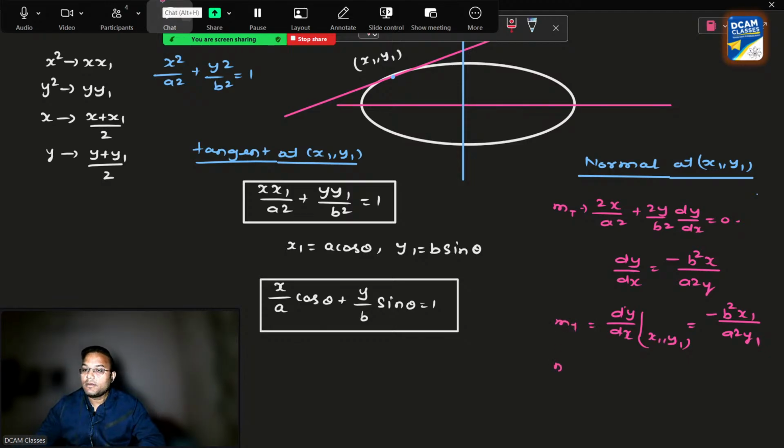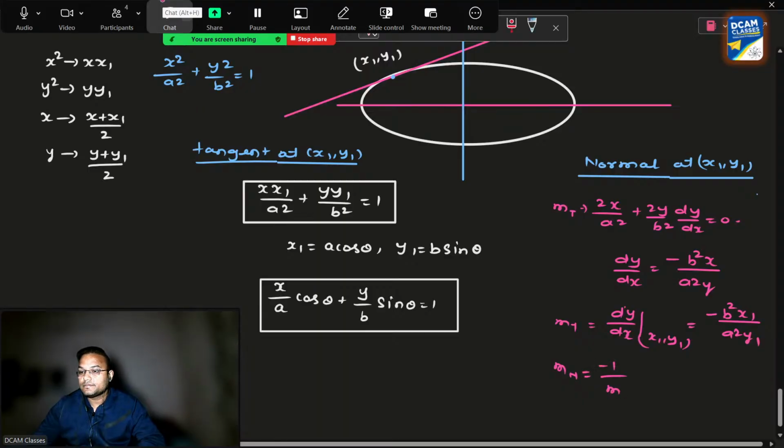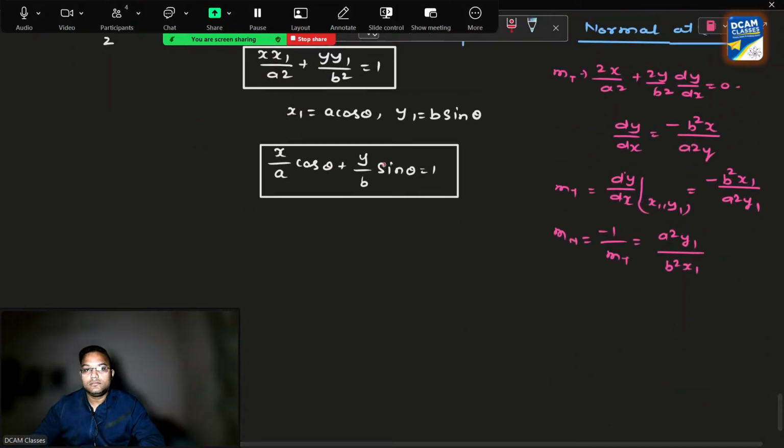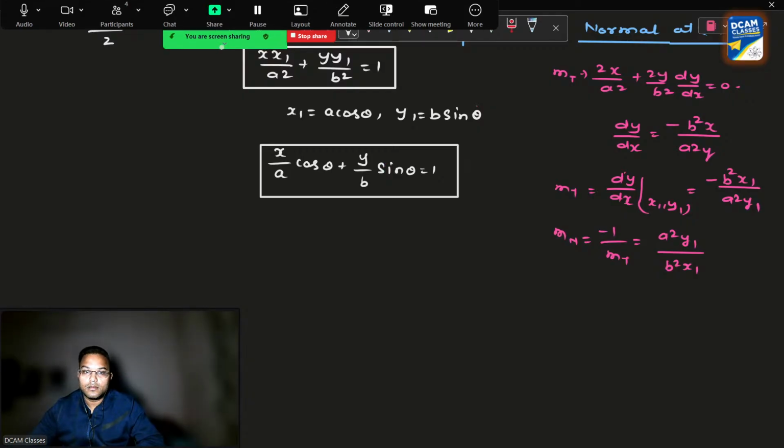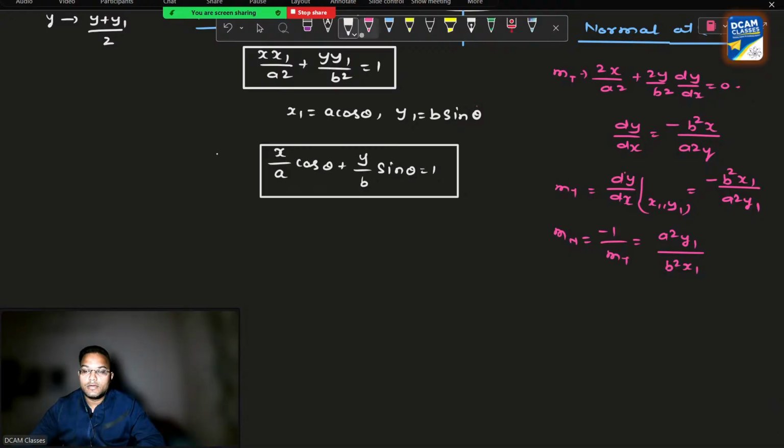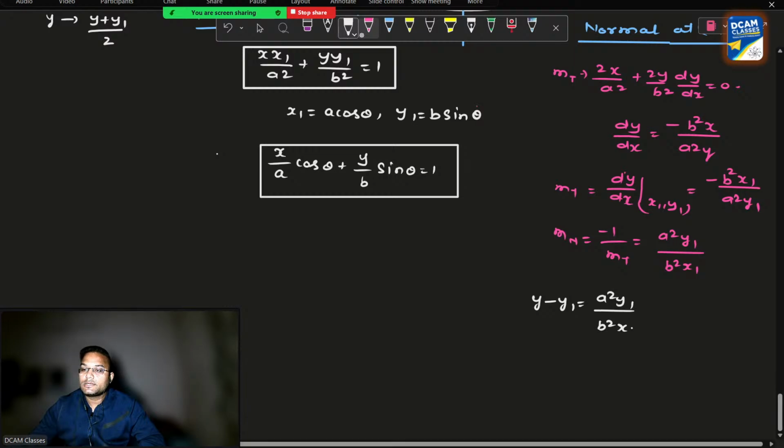The slope of the normal will be what? It's the negative reciprocal. It will be a square y1 by b square x1. Now what will be the equation of the normal? It will be y minus y1 is equal to a square y1 by b square x1 into x minus x1.